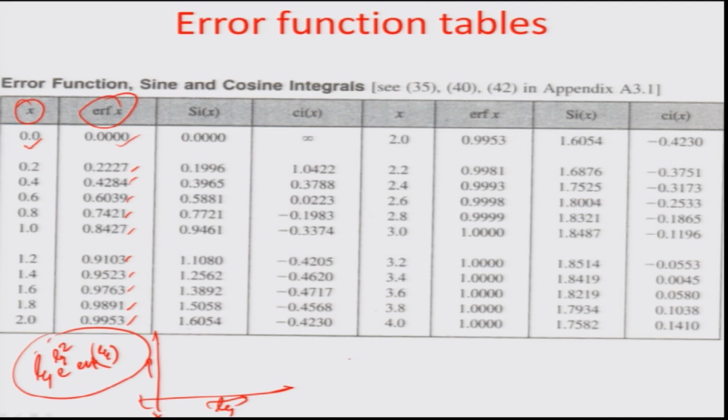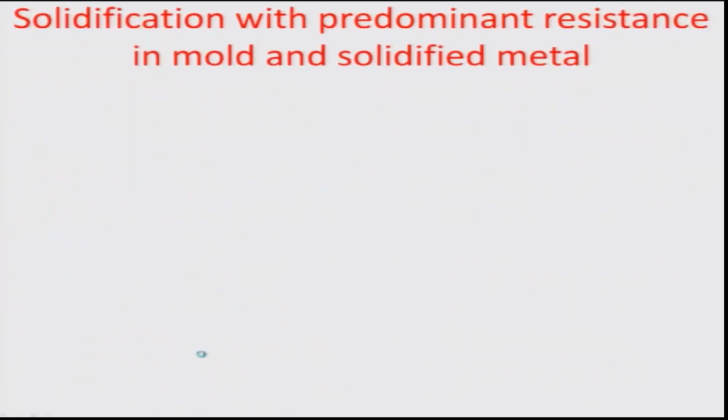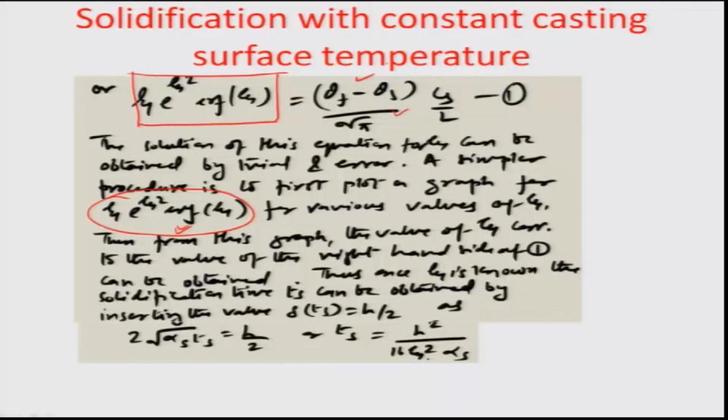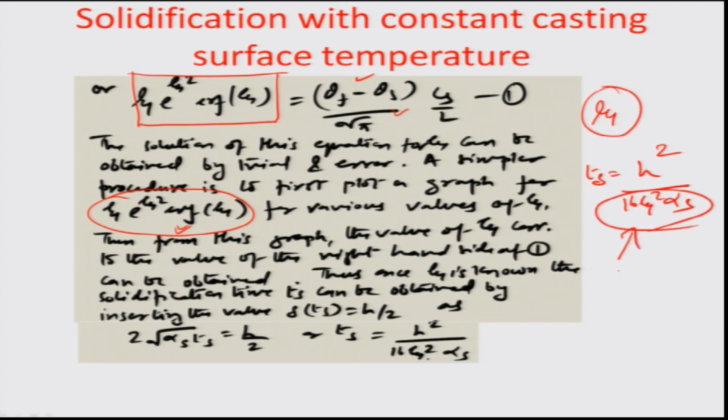From this graph we would like to see where exactly the right hand side of this equation, theta f minus theta s by root pi times Cs by L, would be matching, and that would be the corresponding zeta value, and from that you could easily find out the time of solidification by the formulation h square by 16 zeta square alpha s. This was the case of predominantly the solidifying material or metal being the most important component defining the thermal resistance.